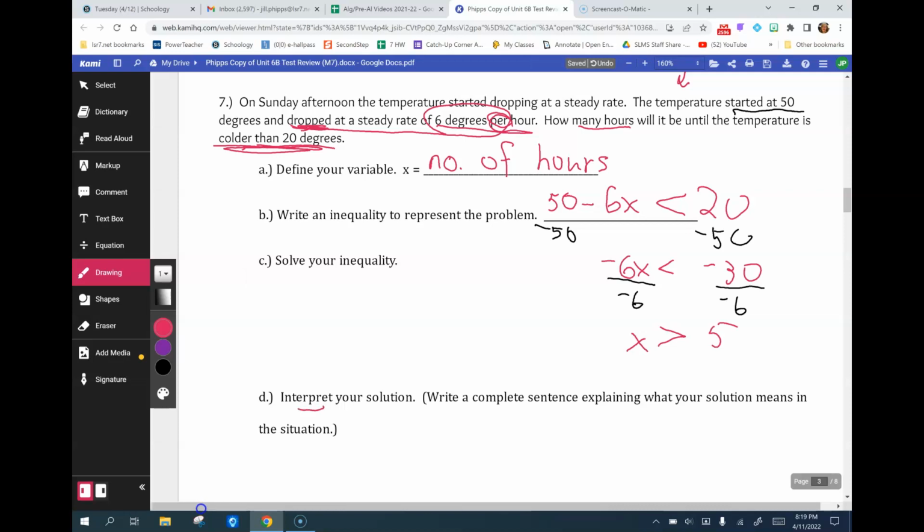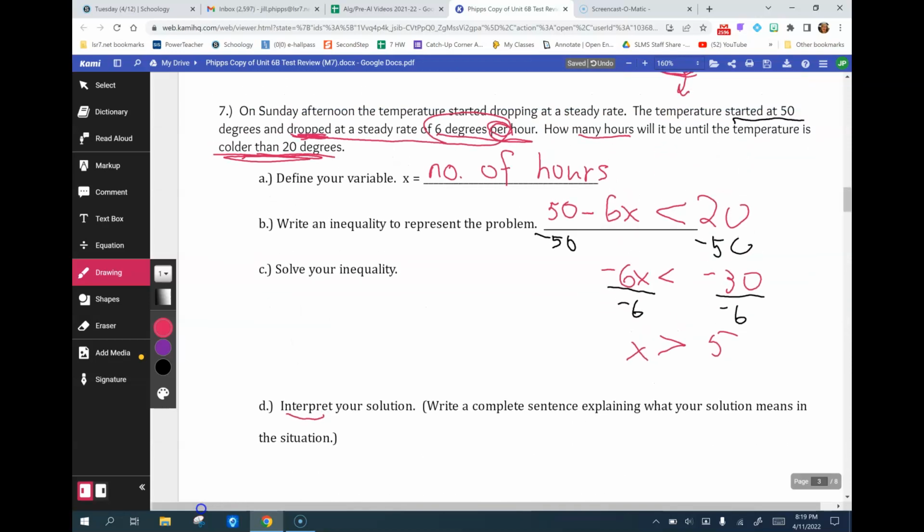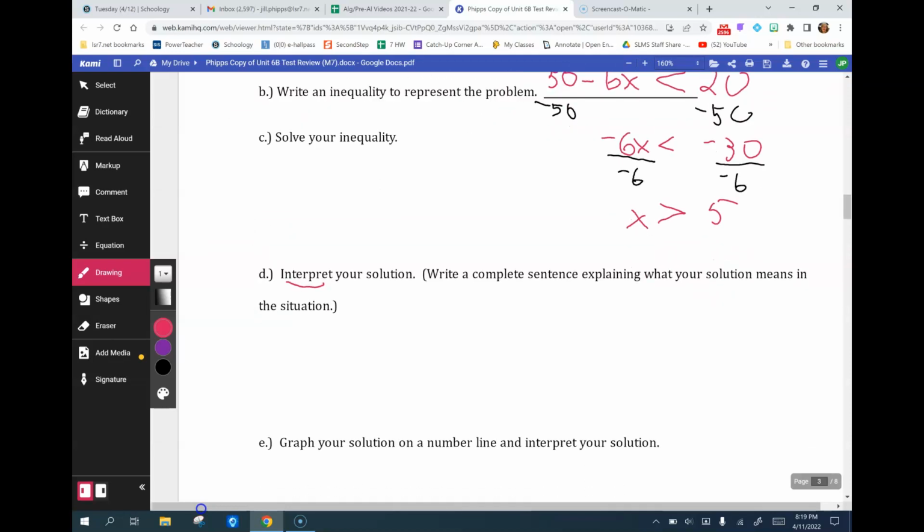Let's interpret our solution. Again, pause yours if you haven't already and see if you can write it. So here we go. What was our question? How many hours will it be until the temperature is 40 degrees? So it will take more than 5 hours.